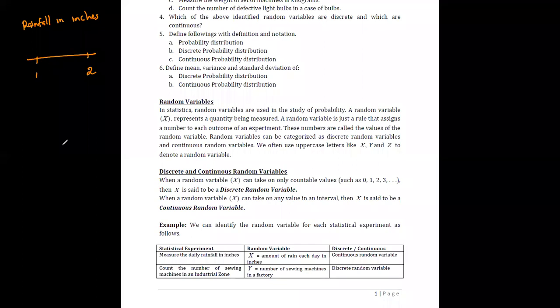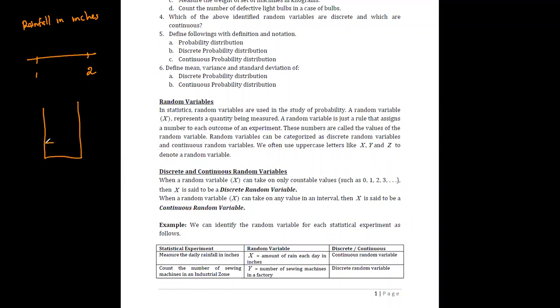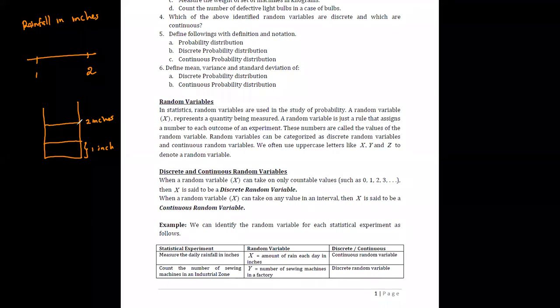It is because if you are measuring the rainfall, and this is the level of 1 inch, and this is the level of 2 inches, then does it go to this point by a single move, or do we have to pay attention to whether it is gradually increasing?